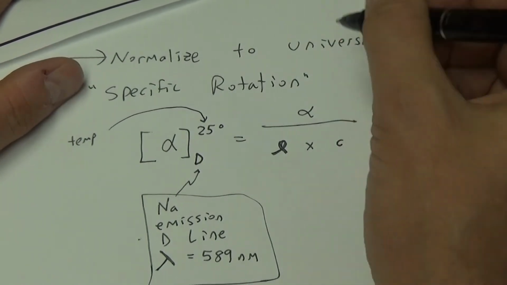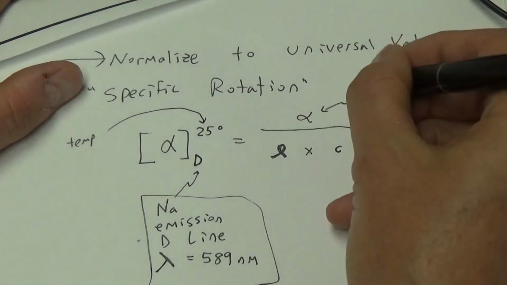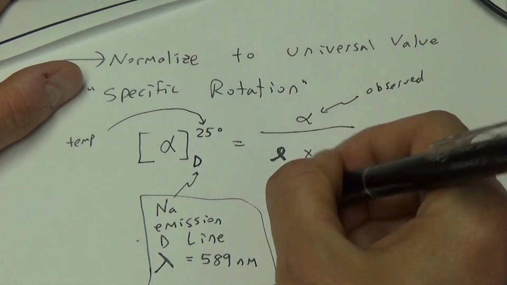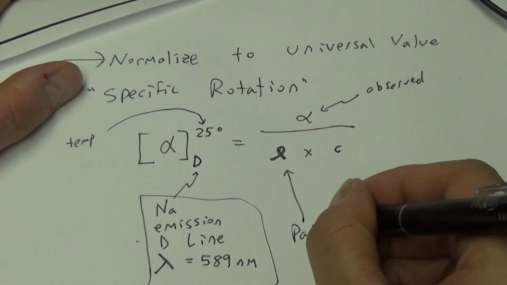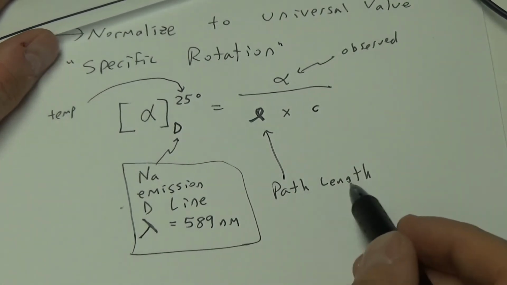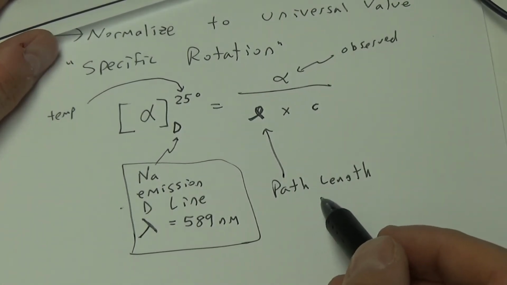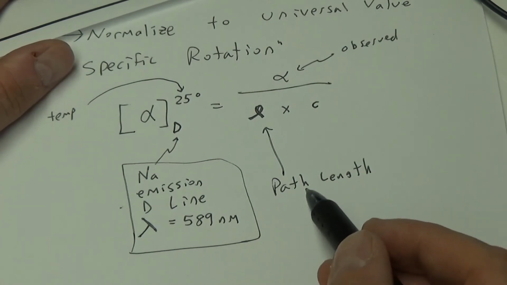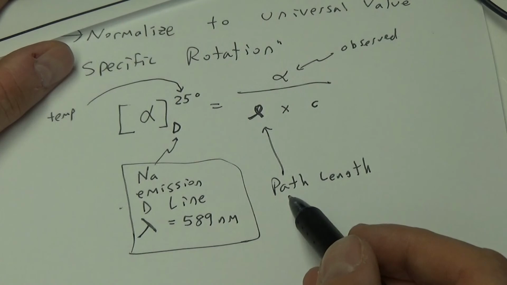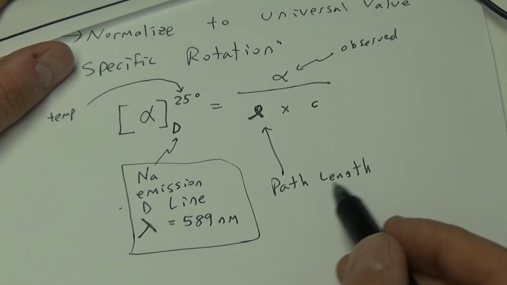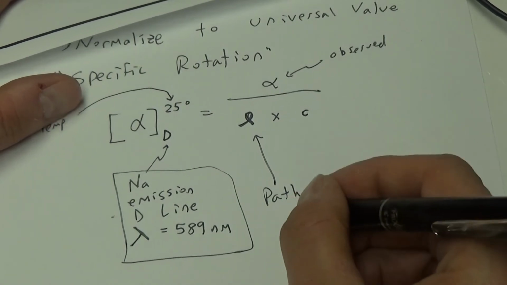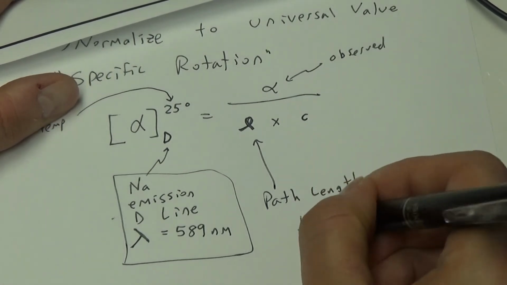Alpha is the observed rotation. L is the path length. So you have a little tube of sample and you put it in the polarimeter, and the path length is just the length of the solution of your chiral molecule. This is measured in decimeters.